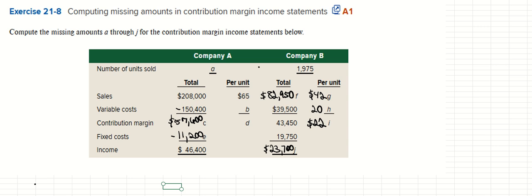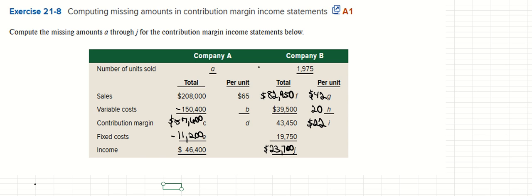Another way is, if they've provided the number of units sold and you have the total contribution margin, you could take the total contribution margin of $43,450 and divide it by the number of units sold, in this case 1,975. That gives you your $22 contribution margin per unit. So that's another way. So company B is all completed.